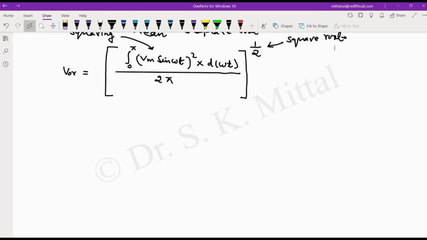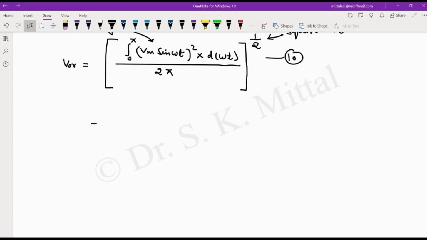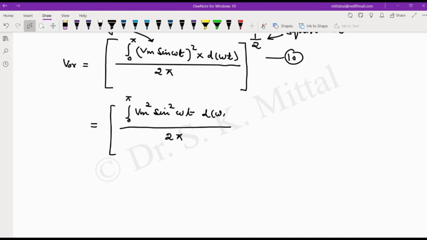So now if we solve, and if I consider this as equation number 10, then what value will we get in the numerator? Integral 0 to pi Vm square sine square omega t into d omega t divided by 2 pi, and we will take the square root.